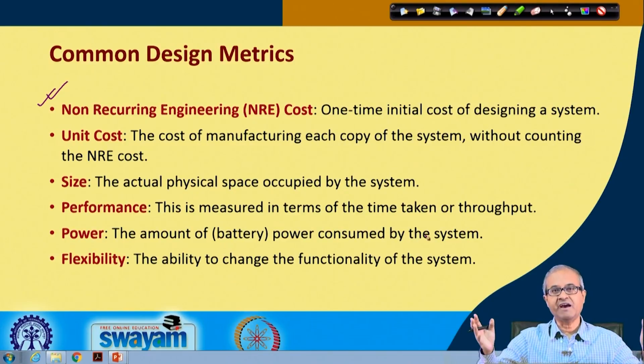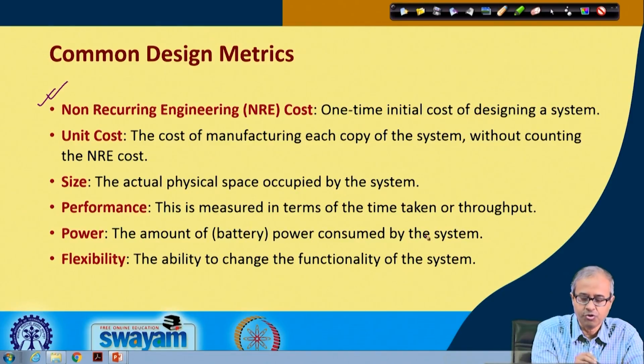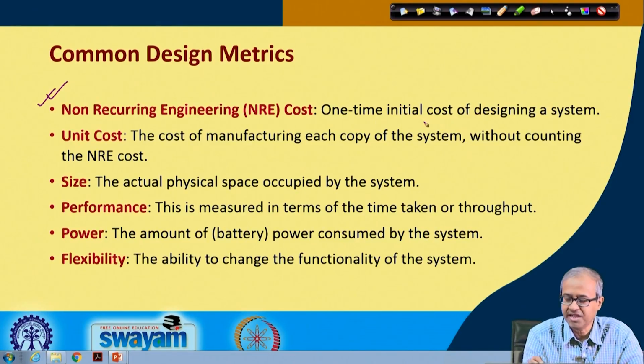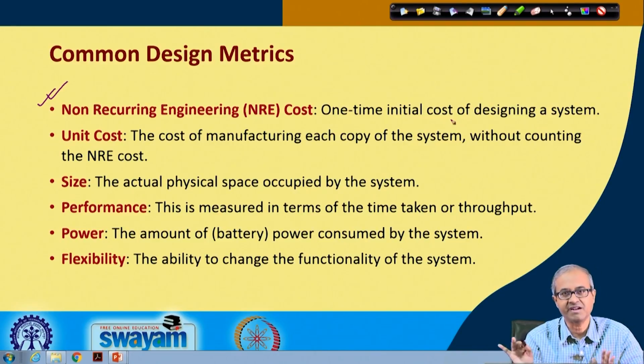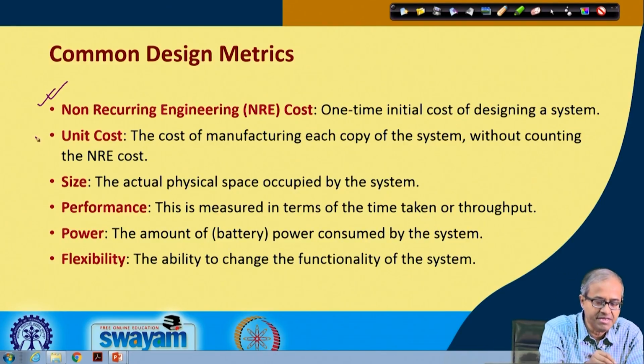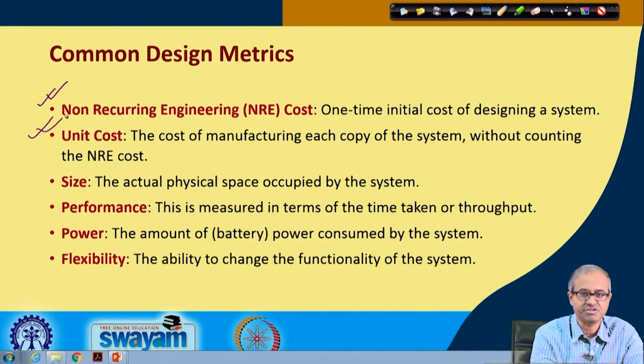Now, once we have that infrastructure ready, you can manufacture your units, the systems, as many as you want. You can manufacture 10, 20, 100, 1000, as many as you want. So, non-recurring cost is the one-time initial cost, and once you have this NRE cost covered, you talk about unit cost.